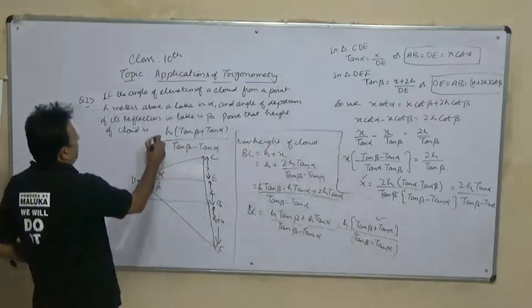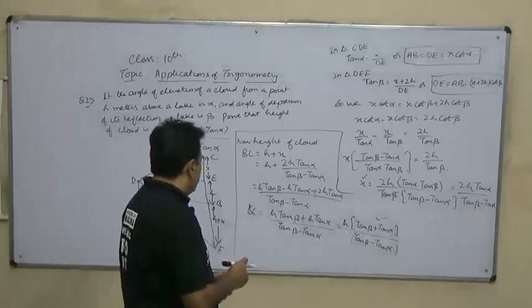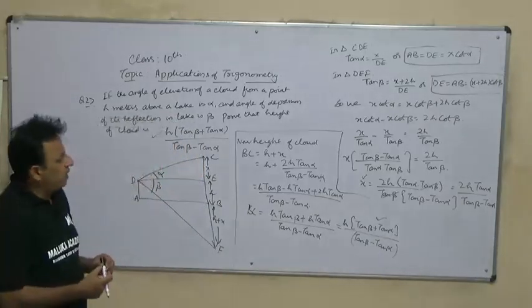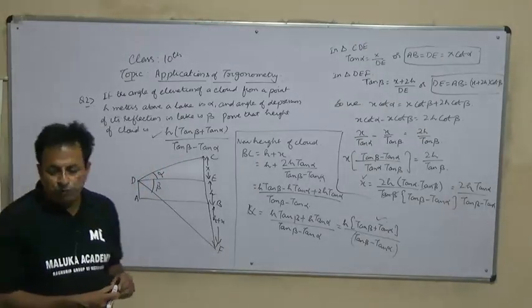So this will be the required result. This we wanted to prove, that the height of the cloud above the surface of the lake is given by h tangent beta plus tangent alpha upon tangent beta minus tangent alpha. So then we move to the next part.